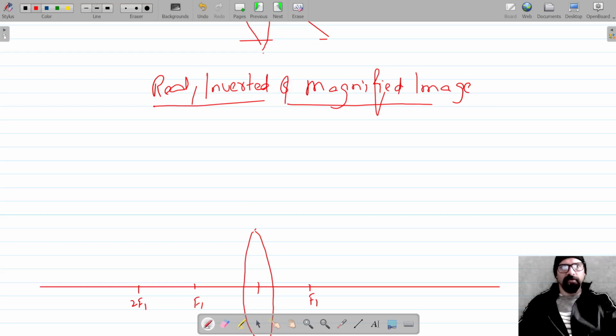So we have to form a real, magnified and inverted image. The real, magnified and inverted image will be formed when the object is placed between f1 and 2f1. So that's the case between f1 and 2f1, or we can say that when the object is placed between the focal length and twice the focal length.